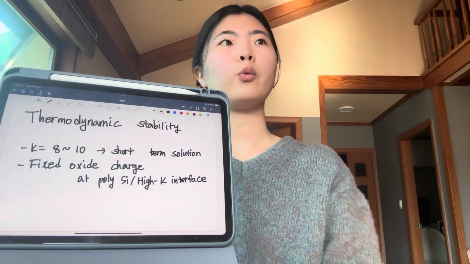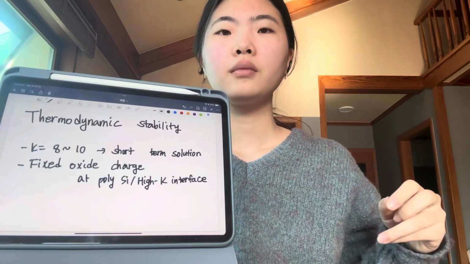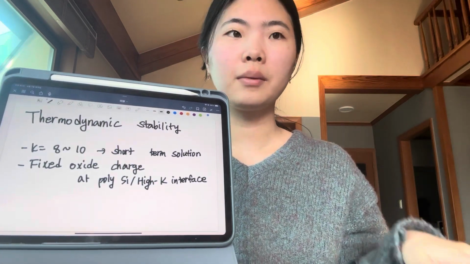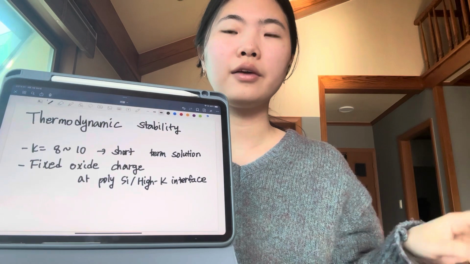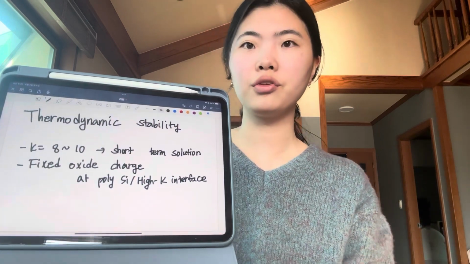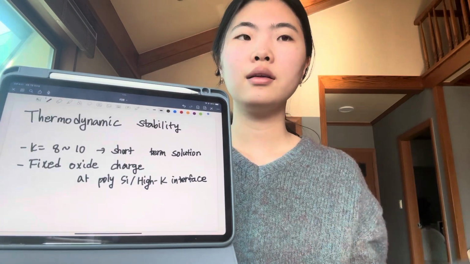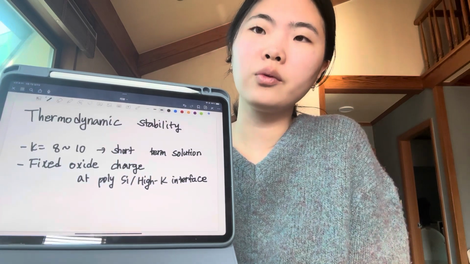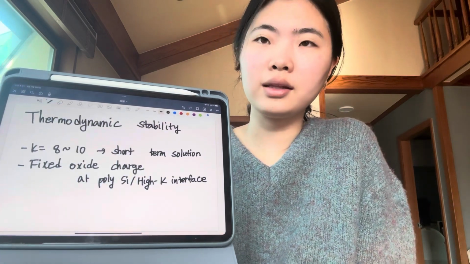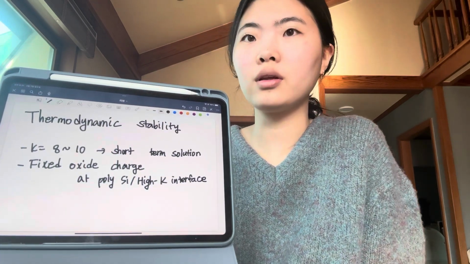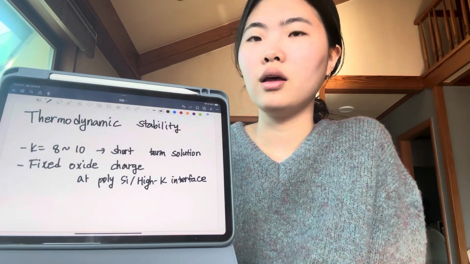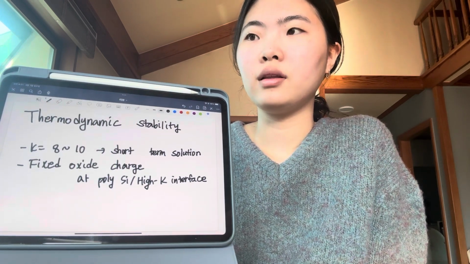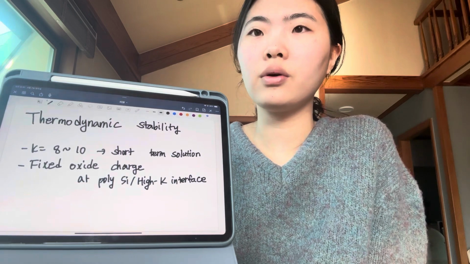For example, after annealing, the IV characteristic of the semiconductor changes. So thermodynamic stability is a very important topic in semiconductors.